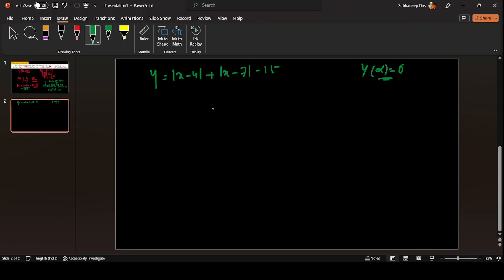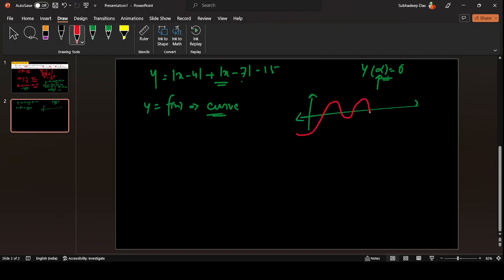Now one more thing: suppose y = f(x) is any curve, and we draw the coordinate graph, say like this.